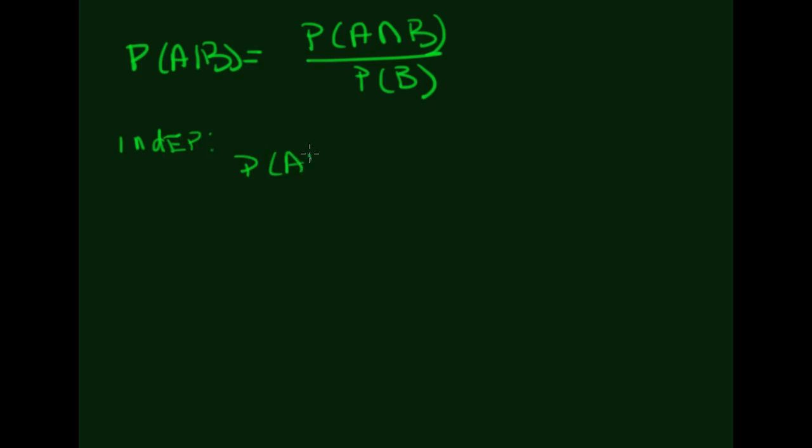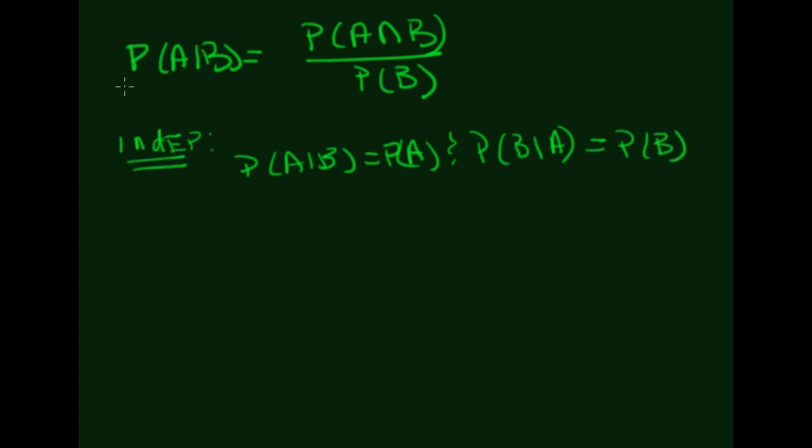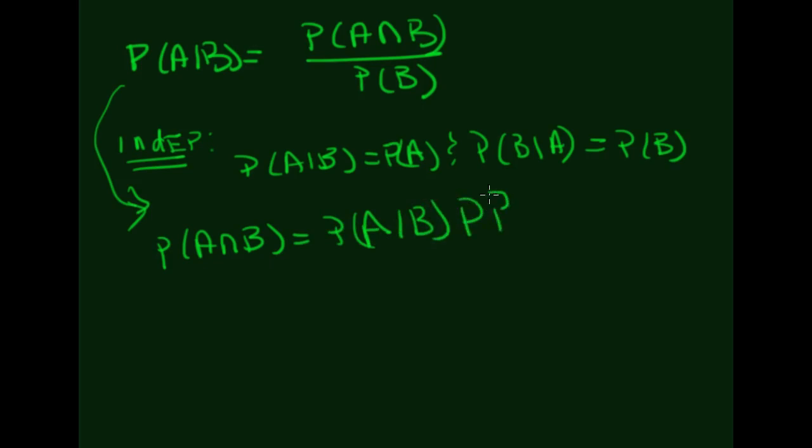The probability of A given B is equal to the probability of A, and the probability of B given A is equal to the probability of B. Okay, so that's what happens when you have independence. From this, I can rearrange this and say that the probability of A and B is equal to the probability of A given B times the probability of B, right? And we're calling that the multiplication rule.